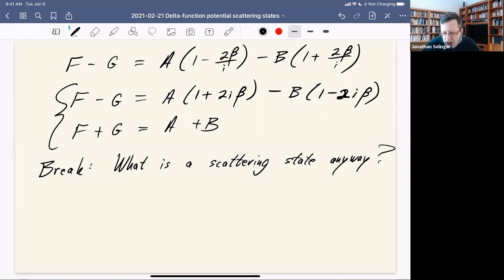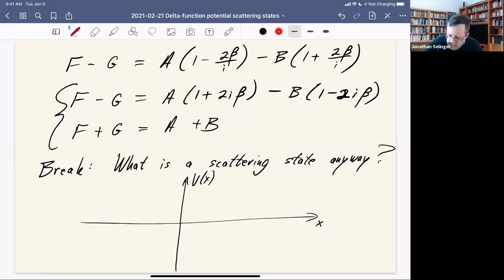And we want to see what's going to happen, okay? So here's my drawing of the delta function potential, same as I had before. There's V of x as a function of x, and the potential energy looks like this.